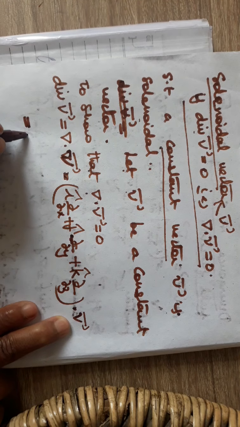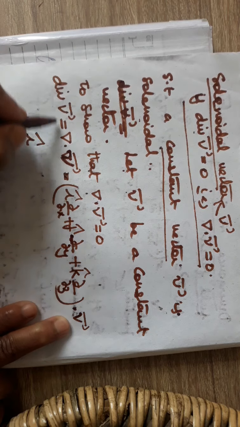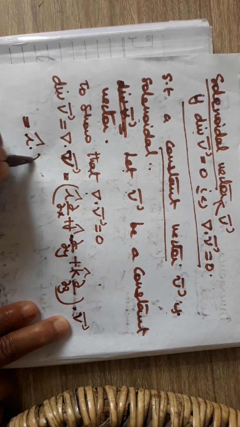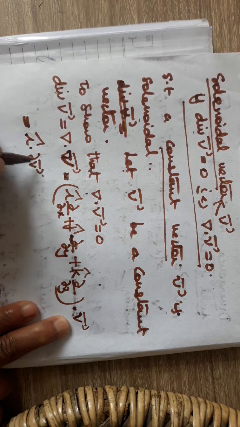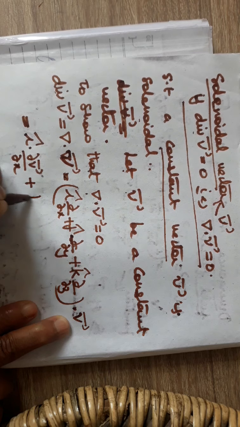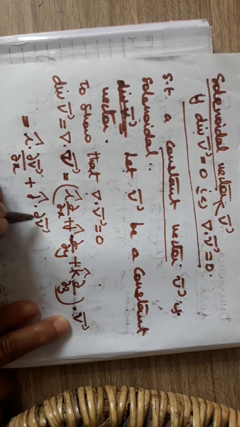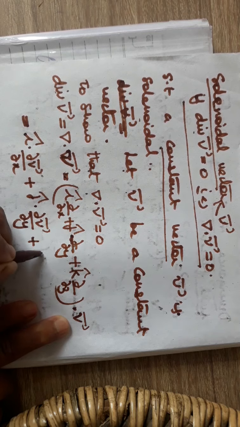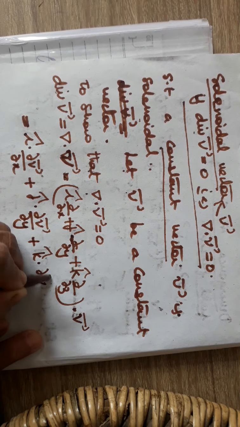So according to the definition of divergence, it is i dot del v bar by del x plus j dot del v bar by del y plus k dot del v bar by del z.